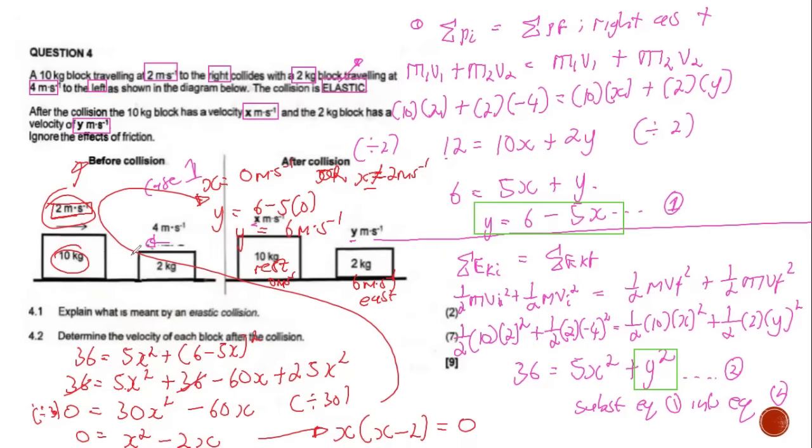So when it comes here, it bounces off from the 10 kg with a greater velocity of 6 meters per second. But during that collision, the 10 kg block is brought to rest. So that's basically what happened here. It was a very nice 7-mark question right there, and pretty worth it to solve it using your simultaneous equations.